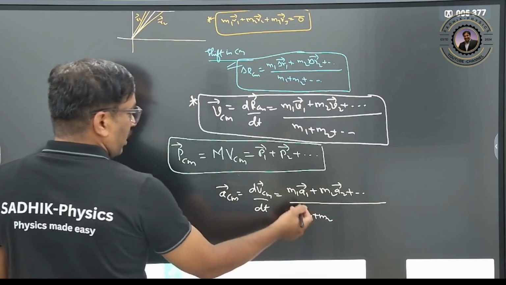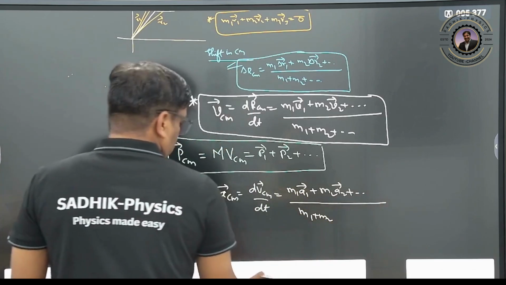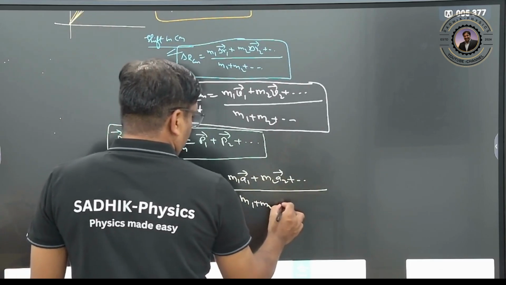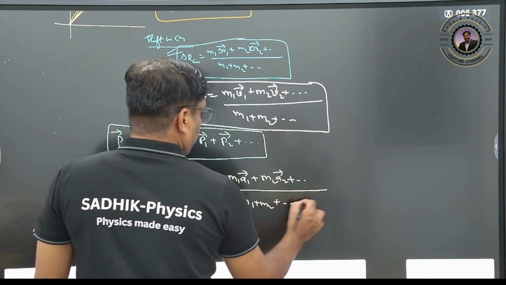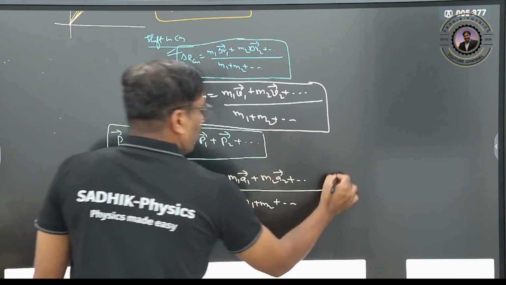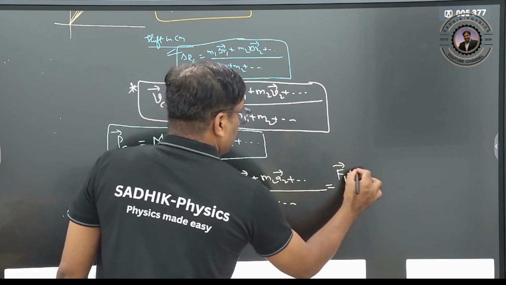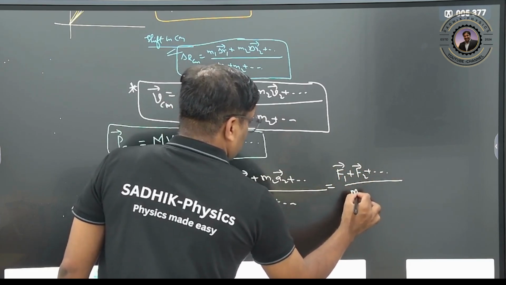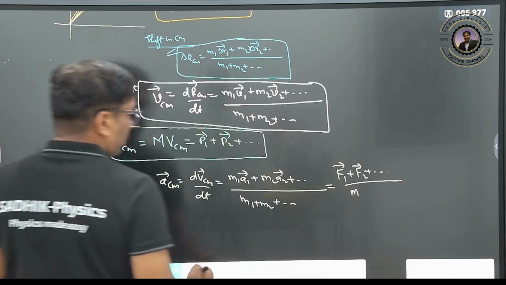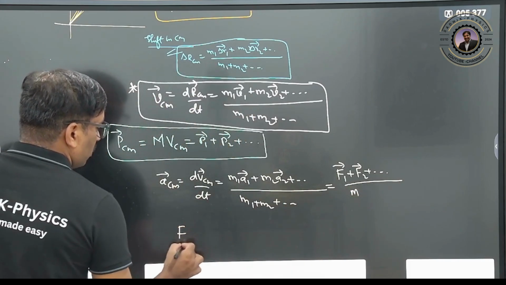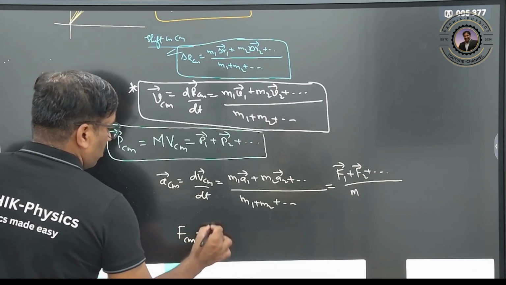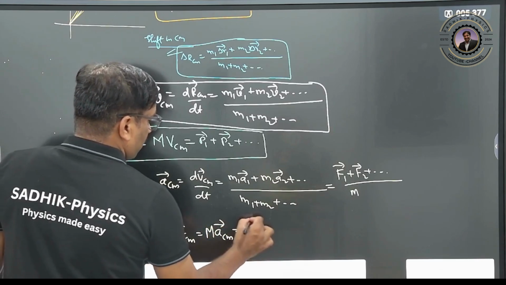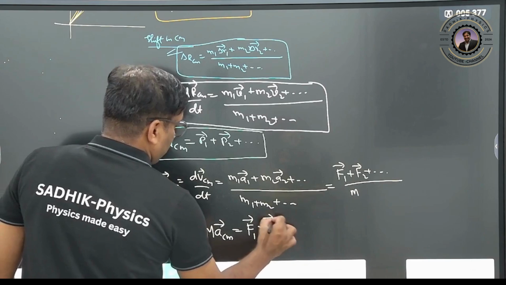Or you can write this in a more modified form: force on the first particle plus force on the second particle, and so on, divided by the total mass. Clear? Or force on the center of mass equals total mass times acceleration of the center of mass, equal to force on the first particle plus force on the second particle, and so on.